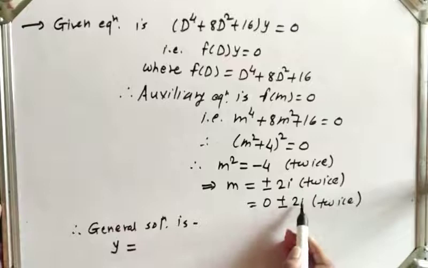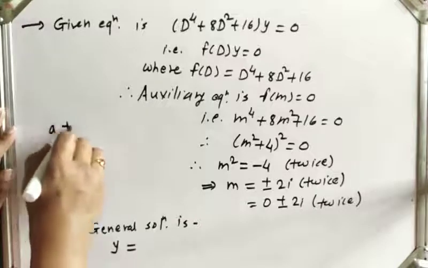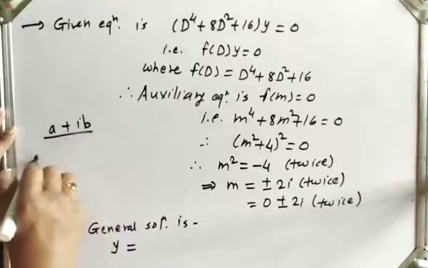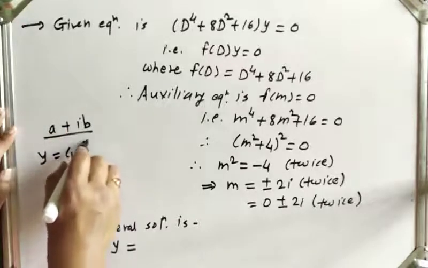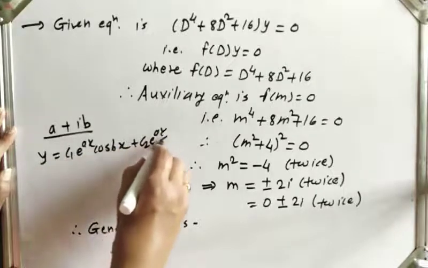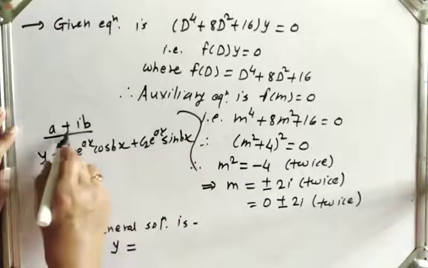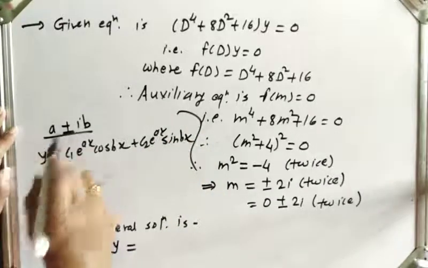For complex roots a plus minus bi, what is the general solution? y is equal to c1 e raised to ax cos bx plus c2 e raised to ax sin bx. Okay, this is for complex roots a plus minus bi.